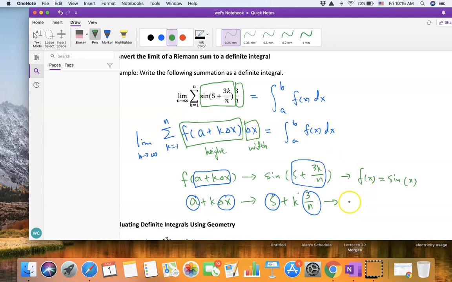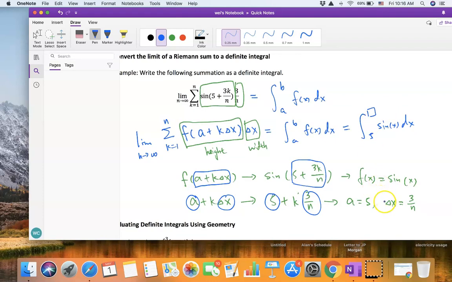So we figure out a equals pi, and delta x is 3 over n. Then if we go back to this definite integral, now we know that a is pi, and we know that the function f(x) is sine of x dx. So the only thing we don't know is b.